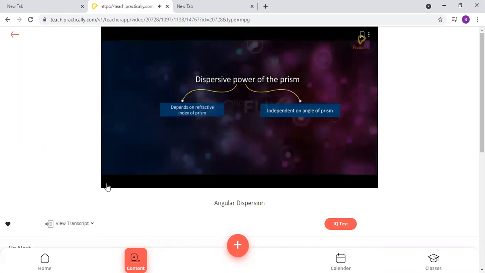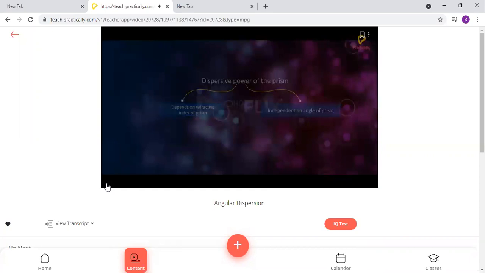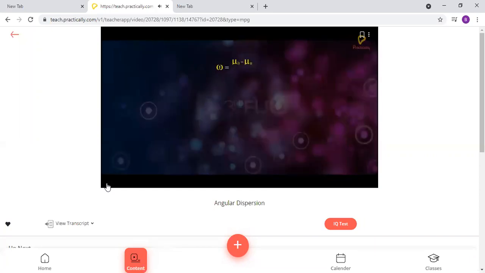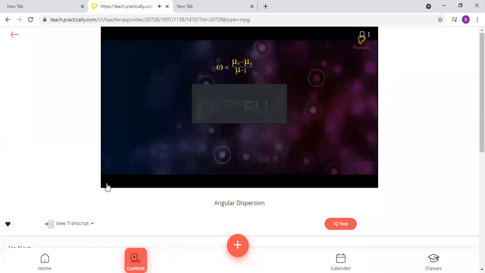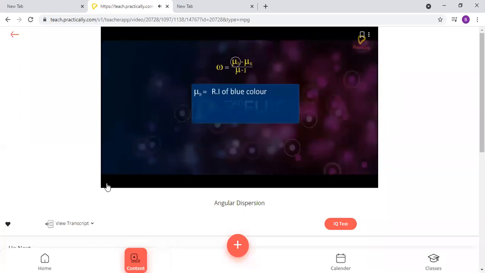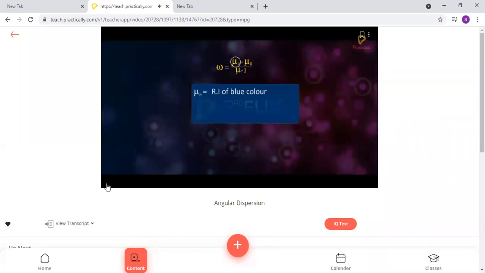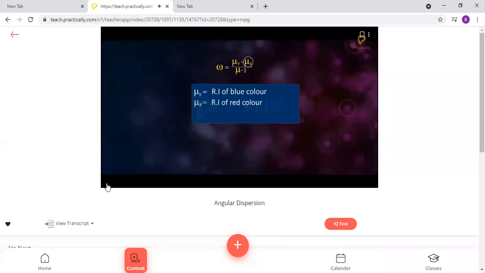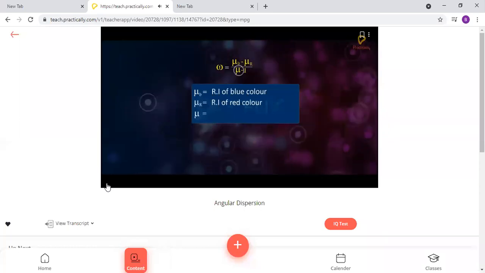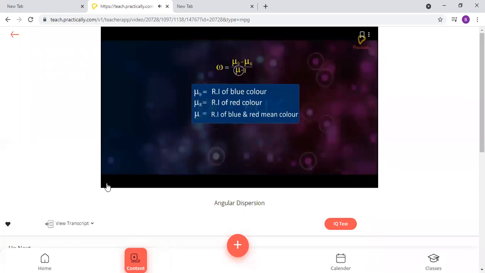If we consider blue and red color, then we get omega is equal to mu B minus mu R divided by mu minus 1, where mu B is the refractive index of blue color, mu R is the refractive index of red color, and mu is the refractive index of mean color of blue and red colors.